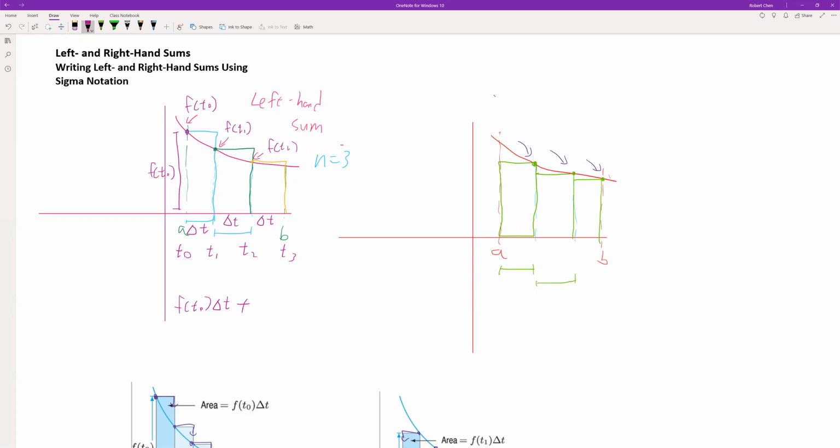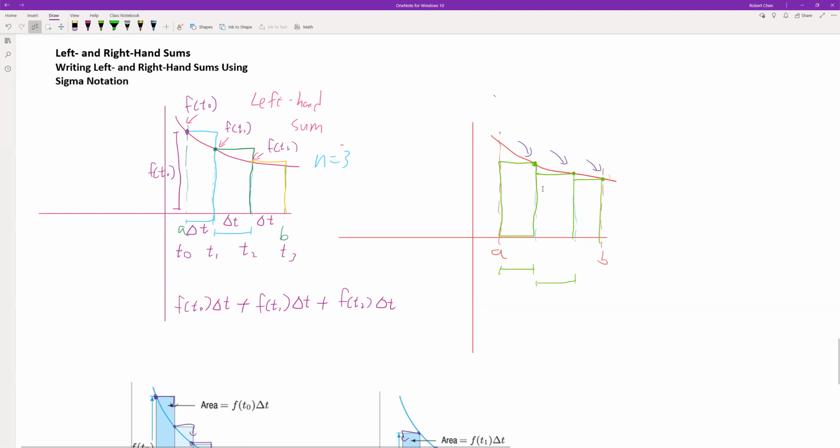The second is f of T1 times delta T, because we're using the left value of the rectangle. And the last is f of T2 times delta T. Each one gives us the area of a rectangle.